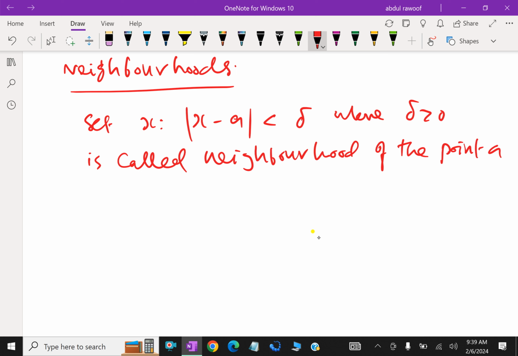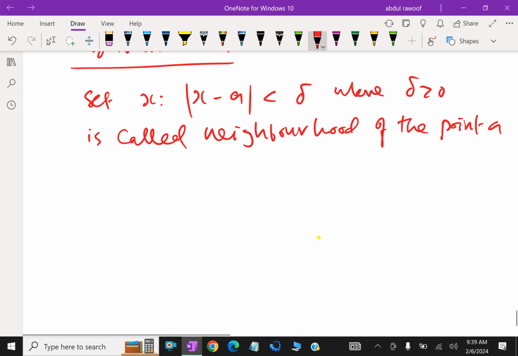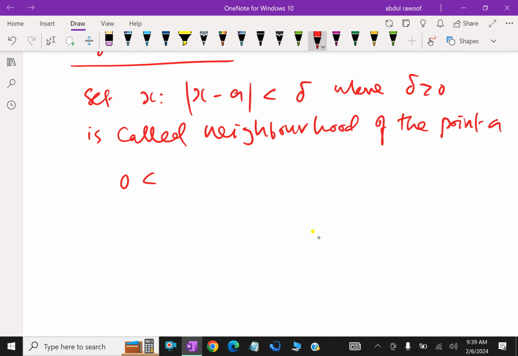If we write 0 less than the absolute value of x minus a, less than delta, so that x equal to a is excluded, it is called a deleted neighborhood.